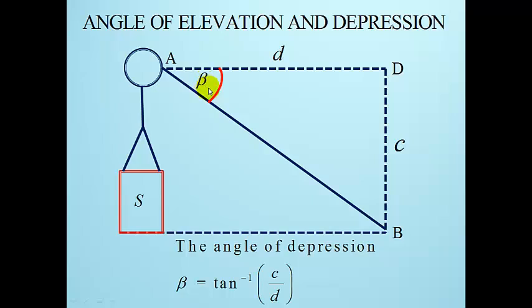Now here you can also see that the side DB, that is C, is opposite to the angle beta, and the side AD, that is D, is adjacent to the angle beta. So if you want to find the angle beta, then we can say that tan beta is equal to opposite, that is C over D. And taking the tan inverse of both sides, beta is equal to tan inverse of C over D. And the angle of depression will now come out.